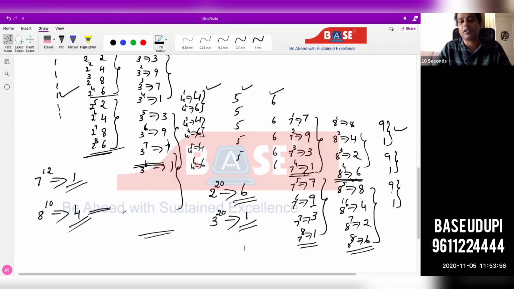Only 3 possibilities. Either all digits will be the same, like 1, 5, 6, or like 4 and 9, every 2 it will repeat, odd power or even power, or like 2, 3, 7, 8, after every 4 powers the numbers will repeat.